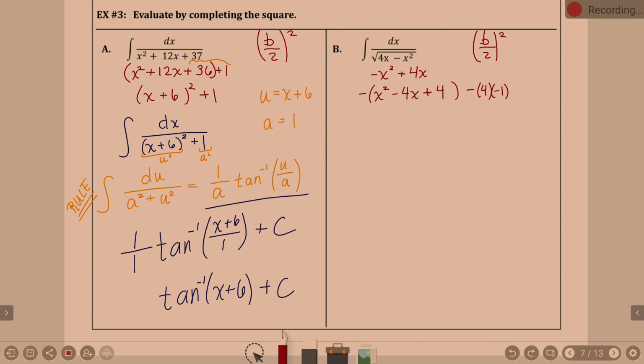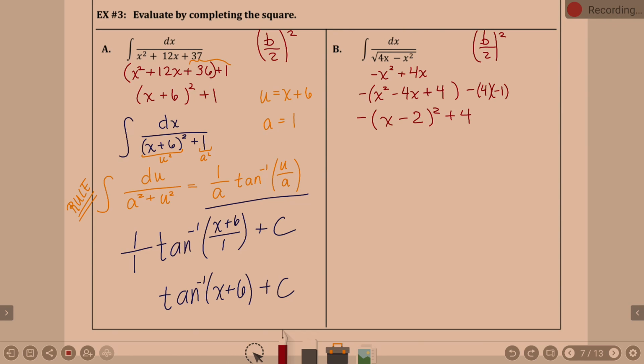Now it's negative x squared minus 4x plus 4, which factors into x minus 2 squared, plus 4.